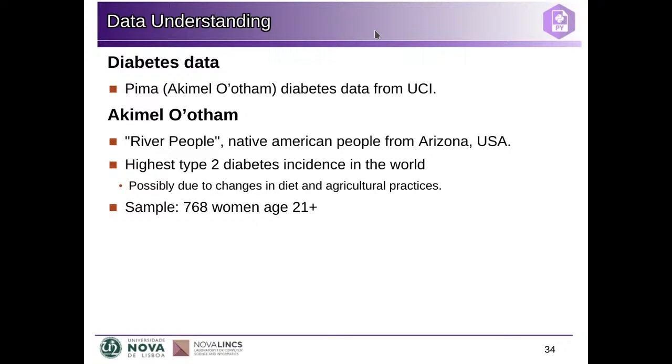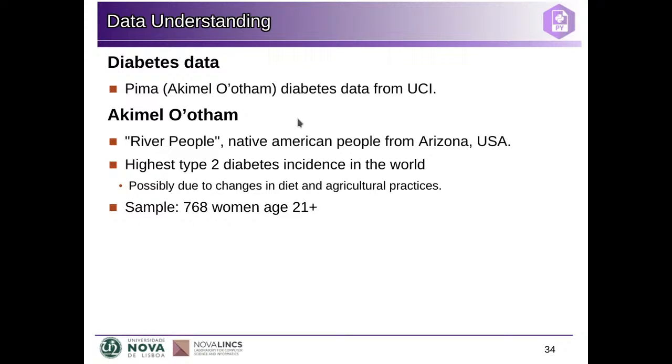Just to give you one final example on this part before we go on to plotting on the second part. This is a data set from this repository for machine learning problems, but basically this tribe, Akimel, are well, famous for unfortunate reasons, because probably due to dietary change. These are Native American people that used to live off river regions, and the dietary change to more agricultural practice, more cereals and so on, led to a great increase in type 2 diabetes incidence.